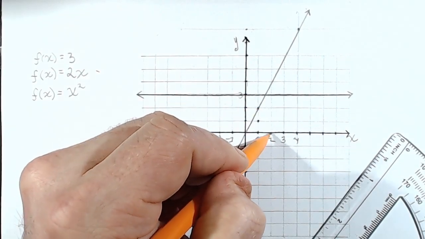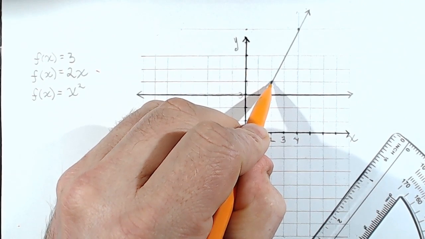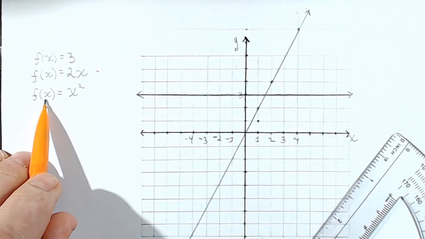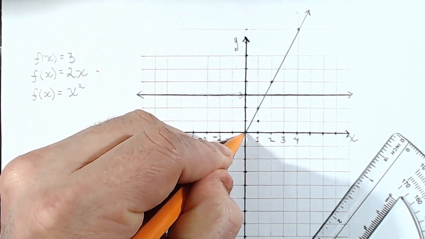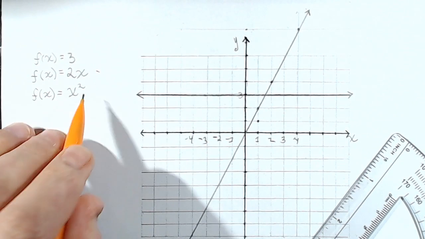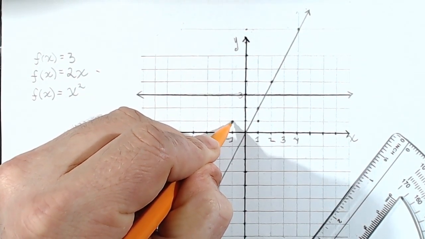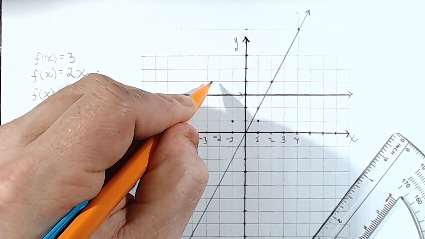So I go up here where x is 2, and I go all the way up to 4 and put a dot right there. Okay, f of 0. 0 squared is 0. F of -1. -1 times -1 is +1. f of -2. -2 times -2 is positive 4.